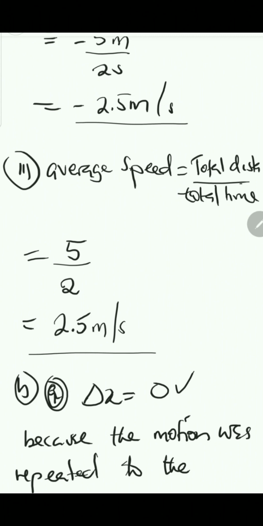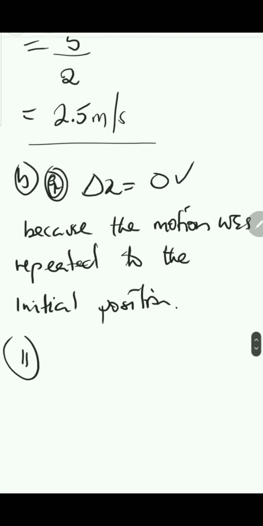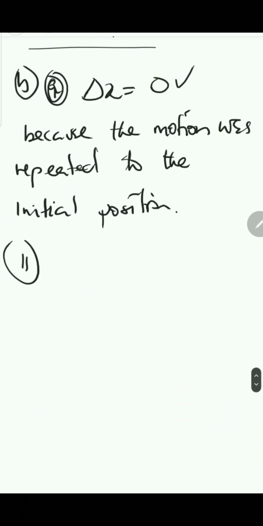The time in this case is 3 seconds according to our question. So we say 0 divided by 3 seconds, and this gives me 0 meters per second.